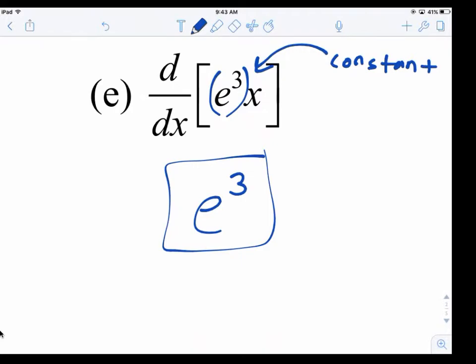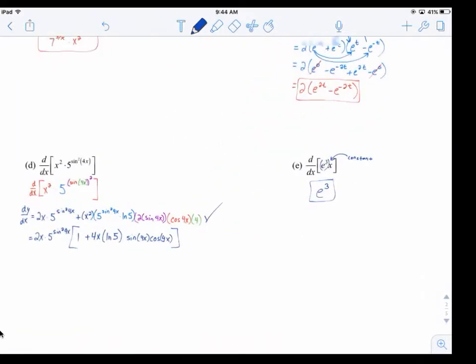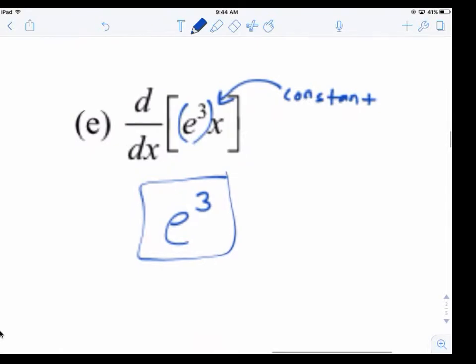So constant times x is just a constant. You just know it. It doesn't have a variable, so it's just a number. E is technically a number. E to the x is a function.